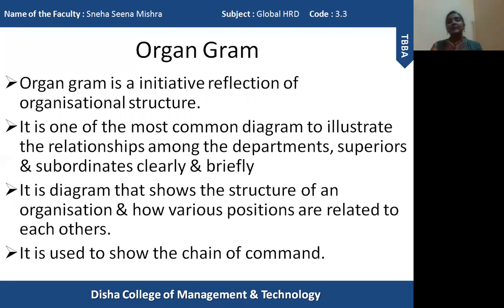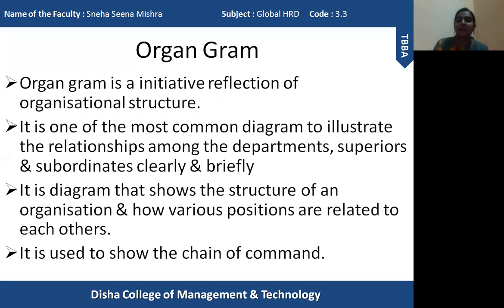It is clearly mentioned which designation is considered to be the superior and which one is the subordinate. So each and every employee working in an organization can easily understand who is their superior, who are their subordinates, and who are their peers.